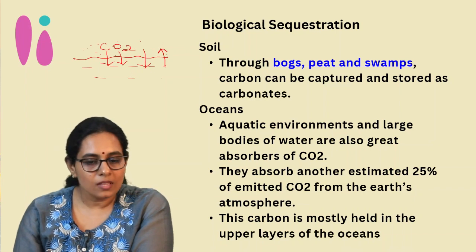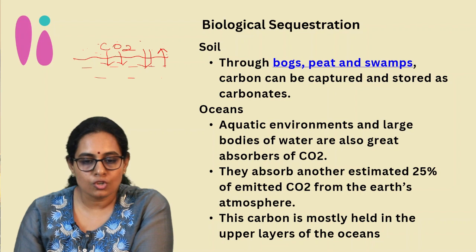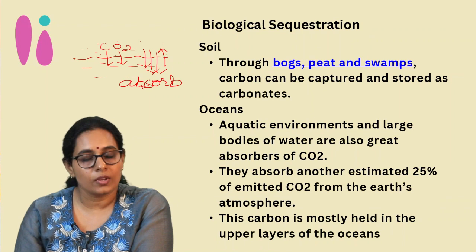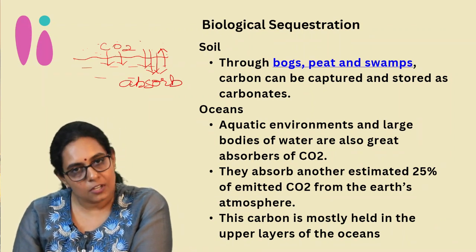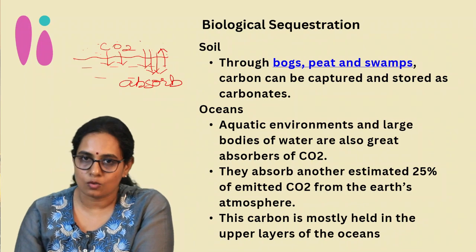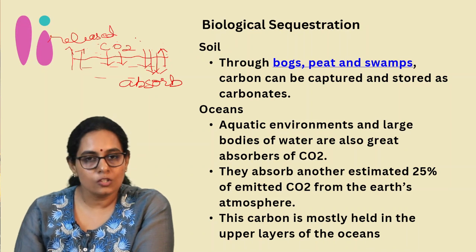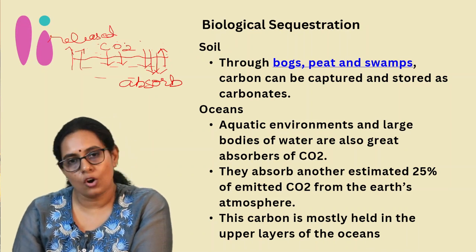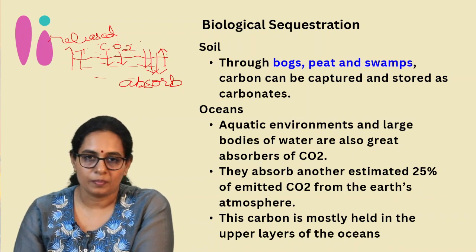How? Whenever there is excess carbon dioxide in the atmosphere, oceans absorb the excess atmospheric carbon. Whenever there is a kind of deficiency of carbon in the atmosphere, it is released back. So this crucial role of buffering carbon is done by oceans.